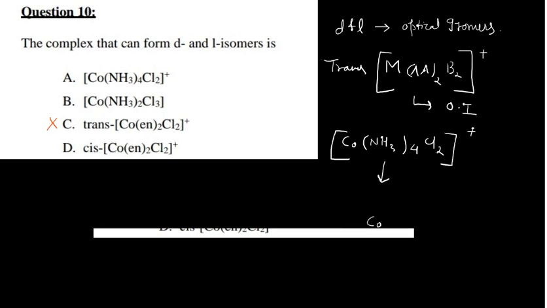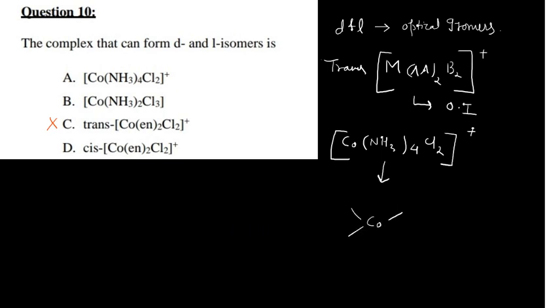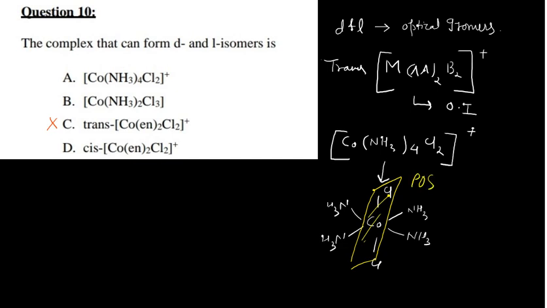You can put the cobalt in the center and then all the ammonia here, NH3, NH3, NH3 and NH3. And then you can put the two chlorines over there. So this compound, you can see here, is having a plane of symmetry, right? This is the plane of symmetry. So this cannot show optical isomerism.